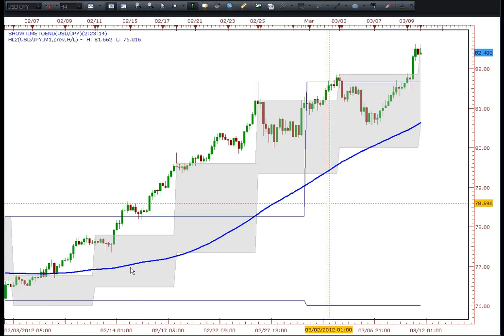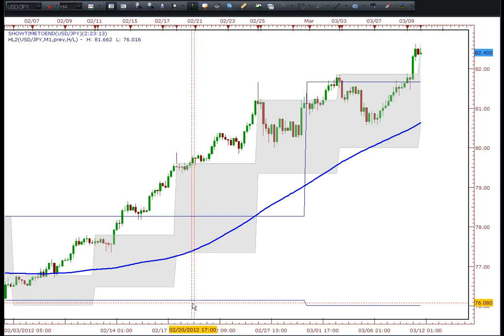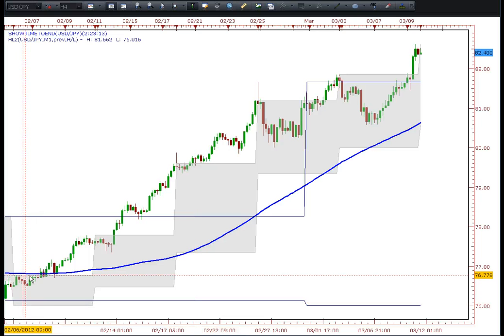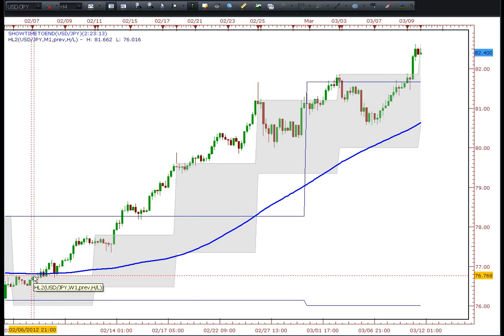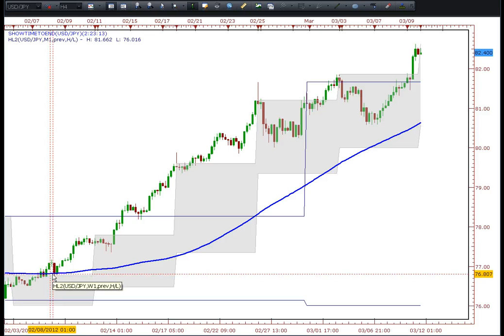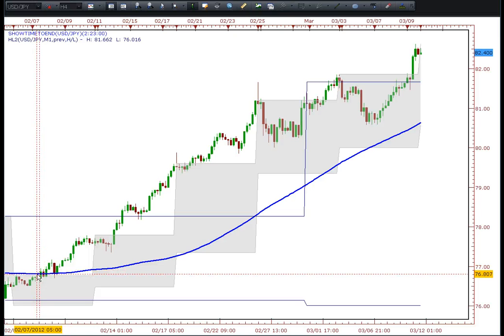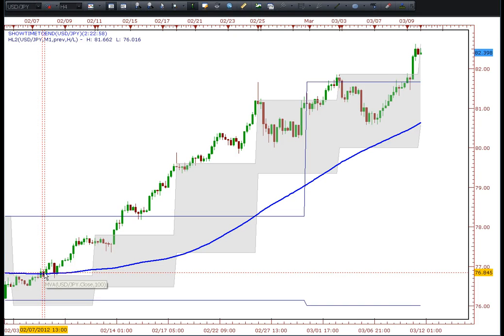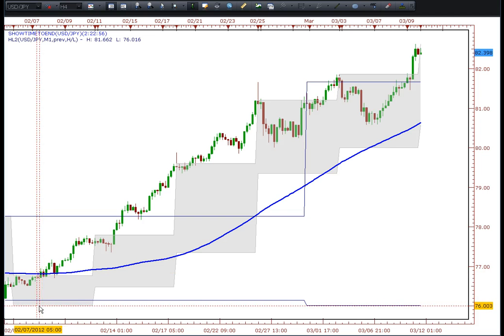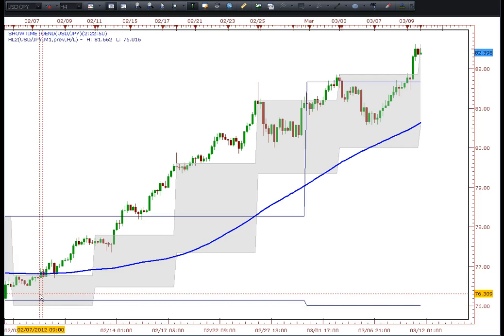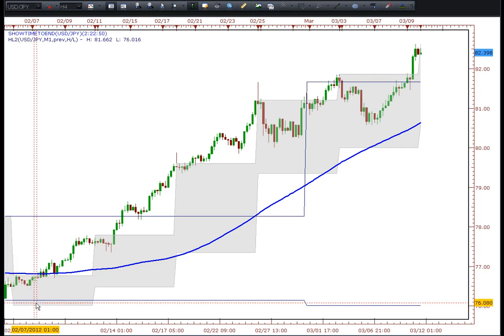Now, the way I do this is, you see right here, price broke this previous week high. When price broke this previous week high, I get into the trade. Normally I would like to put my stop loss on this previous week low, but when you're using a weekly time frame, it's way too big for me.